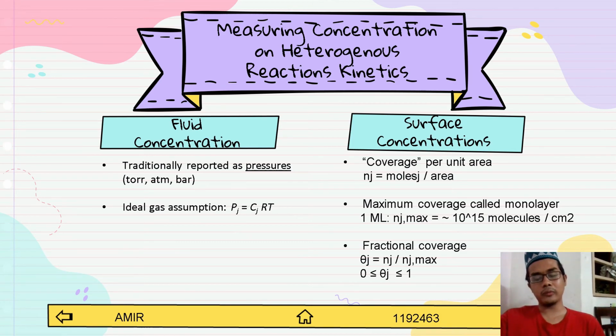The formula for the fractional coverage is theta j equal to coverage per unit area over the maximum coverage, called the monolayer. The ratio for theta j is between 0 and 1.